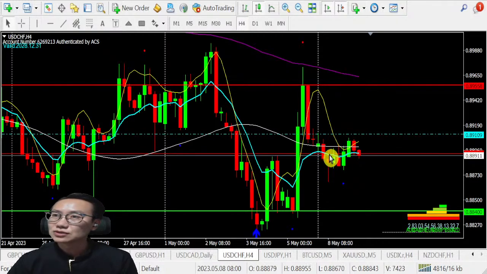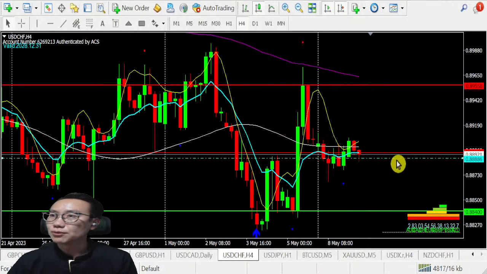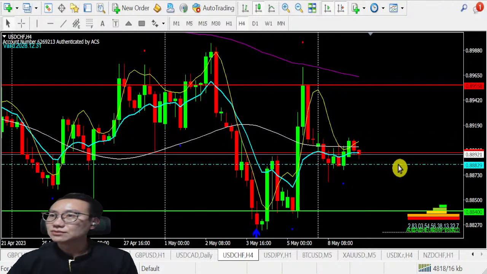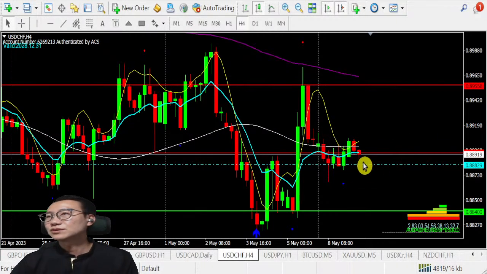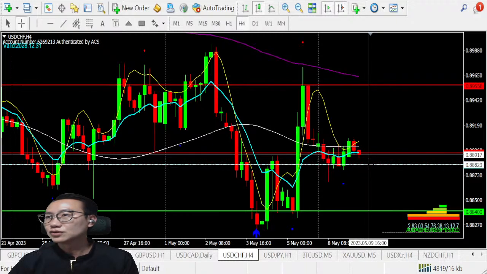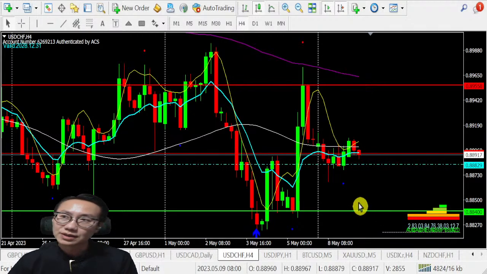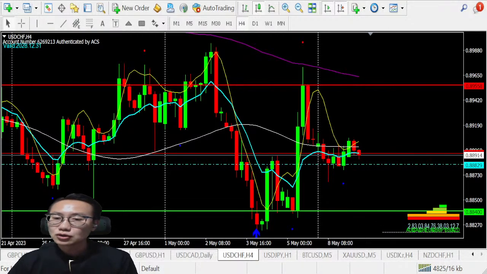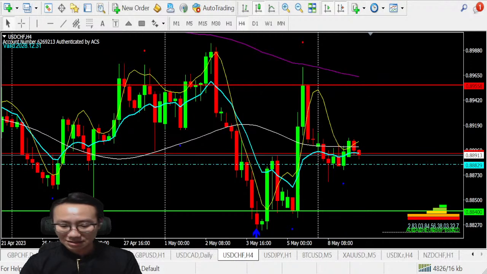Actually now we are coming to a support area here. So let's wait for it to break this support before we continue the selling downwards to take out the liquidity down there, which is about 43 pips. So dollar franc looks pretty good to me. I'm going to put this dollar franc into my watch list.